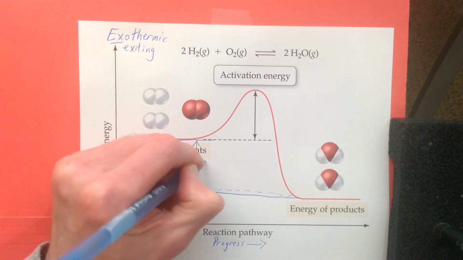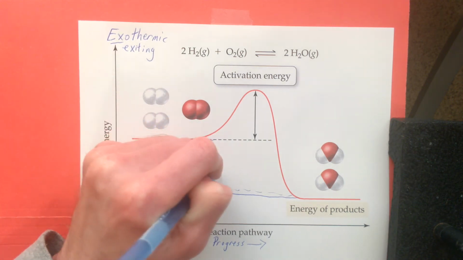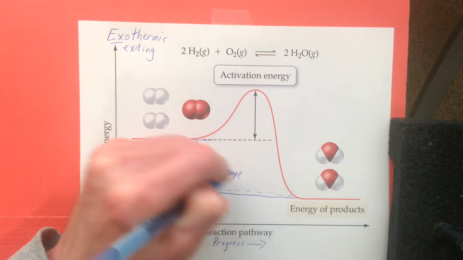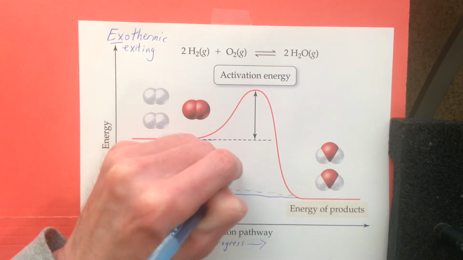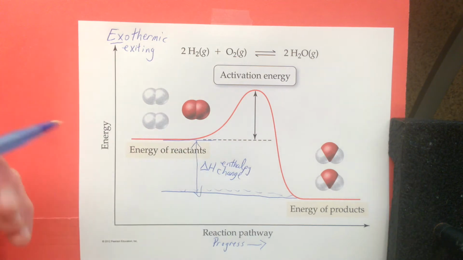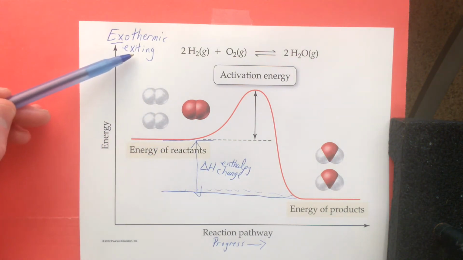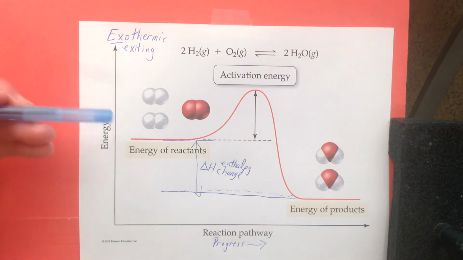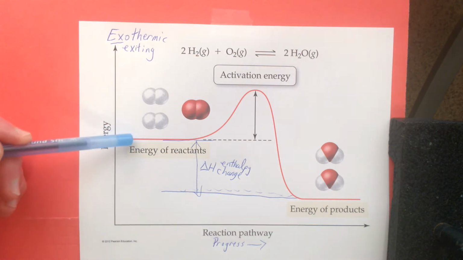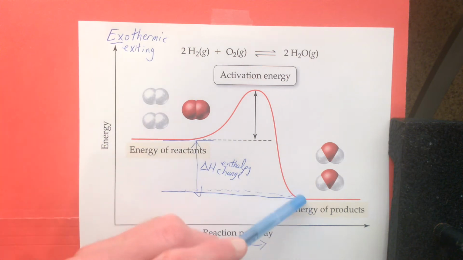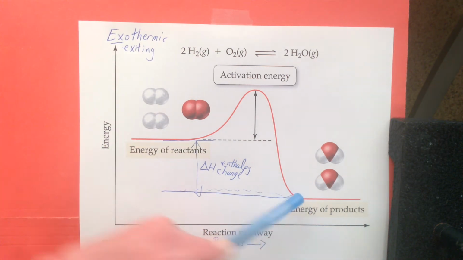This is our enthalpy change, which is often referenced as our heat of reaction. We can see how much energy is exiting the system. So this is an exothermic reaction: the energy of the reactants is greater than the energy of the products.